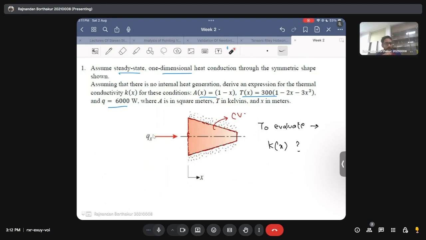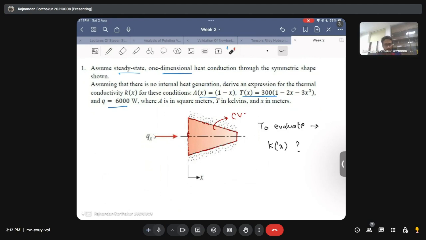Despite the fact that the size or shape of the control volume is at our disposal, the choice we make is dependent on how quickly we get the answer.